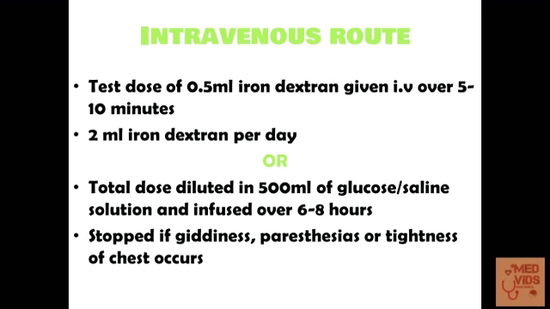Followed by which, if the patient doesn't develop any adverse effects, you can provide 2 ml iron dextran intravenously per day. Or there is one more option where you can provide the total dose at the same time in one sitting. The total dose is diluted in 500 ml of glucose or saline solution, and it is infused intravenously over 6 to 8 hours.